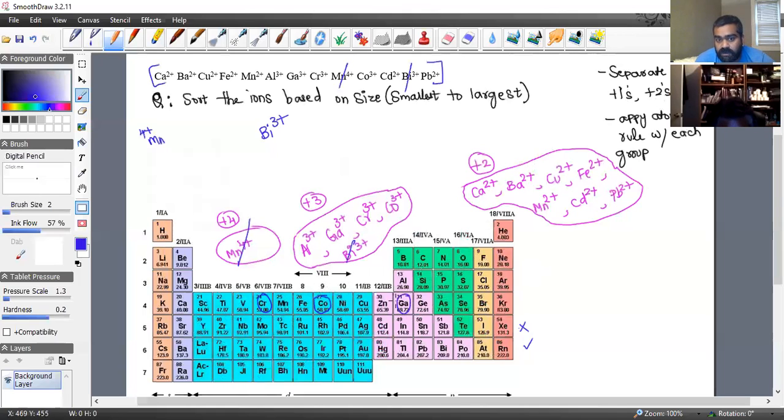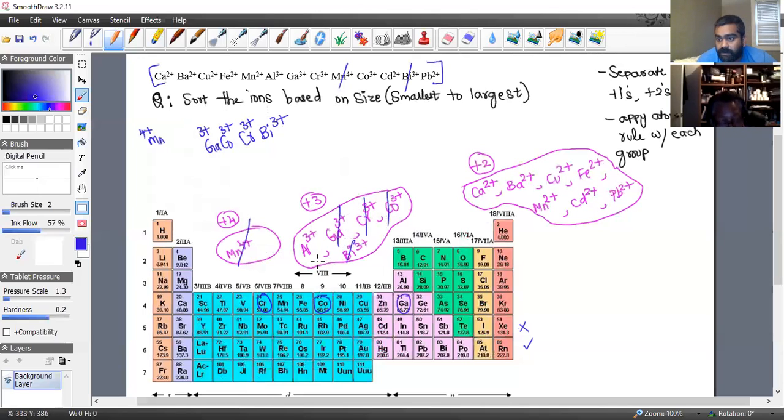Gallium, cobalt, or chromium? They all have +3s, but which one is the biggest? Chromium. All right, very good. Chromium 3+, and then cobalt 3+, and then Ga 3+. Within the +3, we got 4 done.